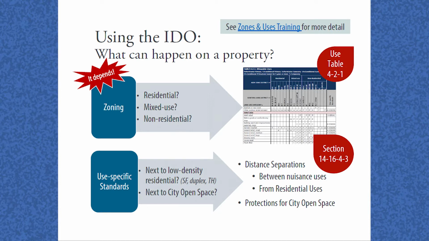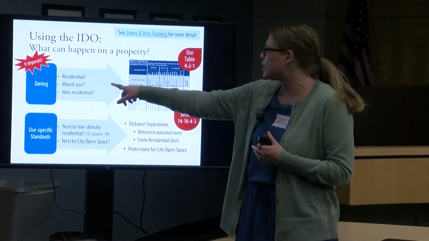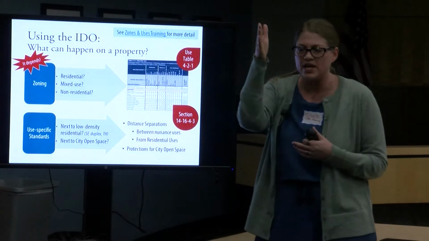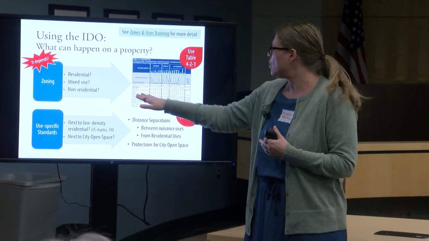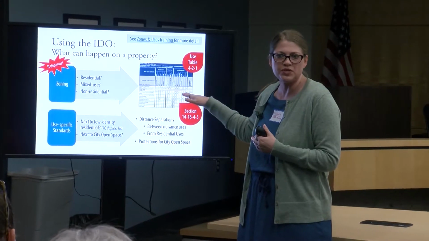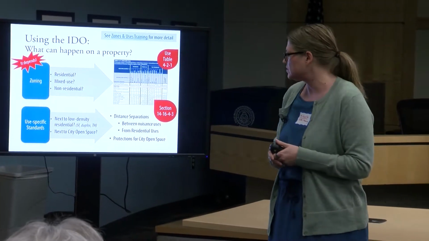Is it a mixed use zone, of which there are several, or is it a non-residential zone, meaning residential is not allowed in that zone, and there are one of several? Once I have the information about the zoning of the property, I can come to the use table and follow down the columns in terms of zones, or follow across in terms of uses to discover whether that use is allowed in a particular zone.